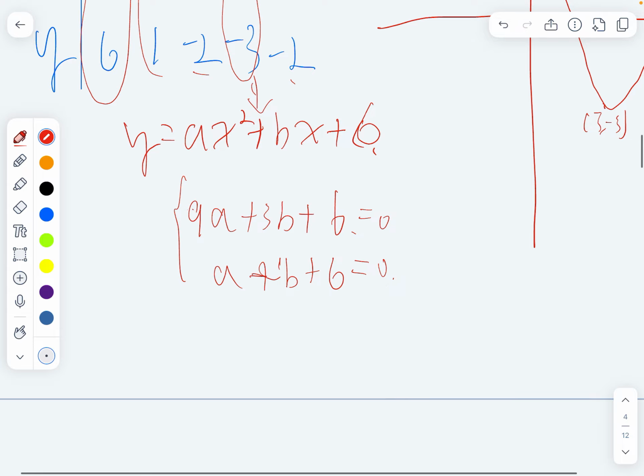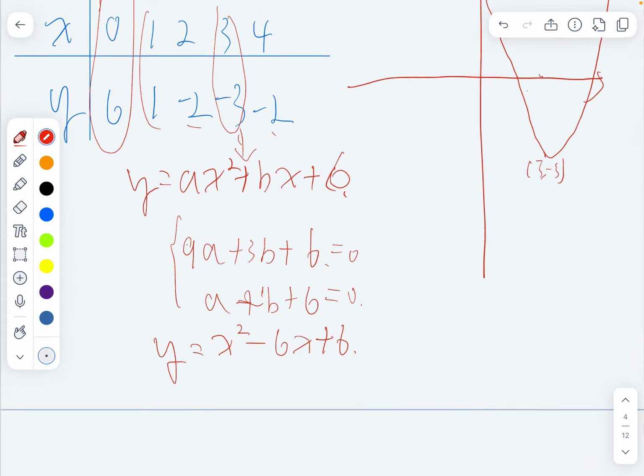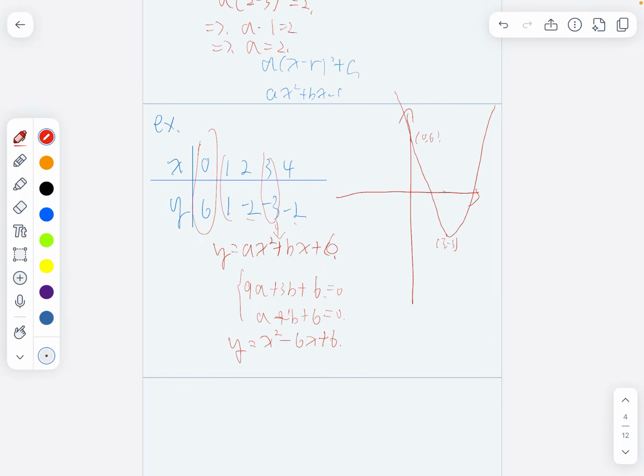After that, we can get the general form function: y equals x squared plus 6x plus 6. So that's the end of this section.